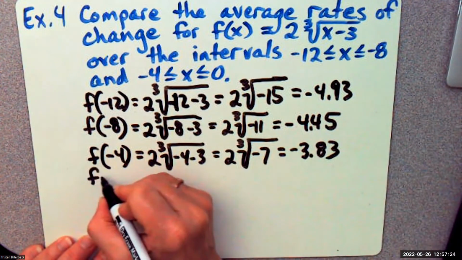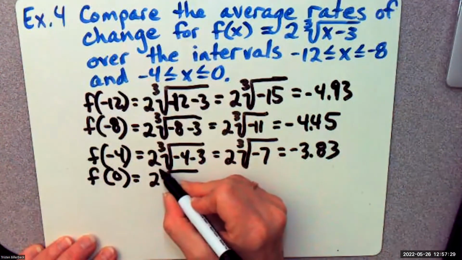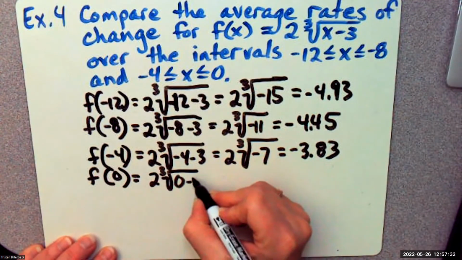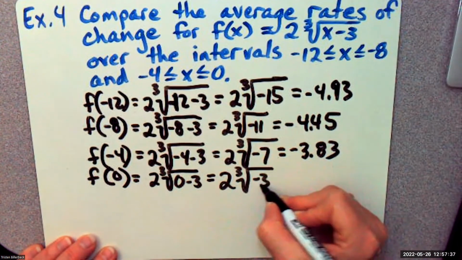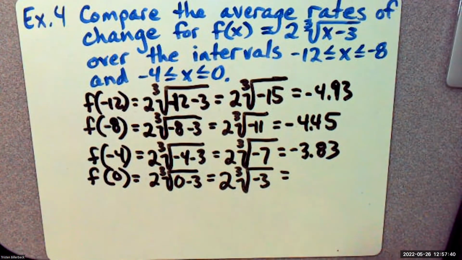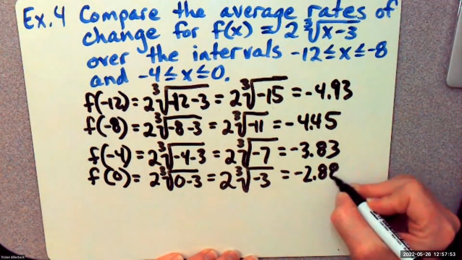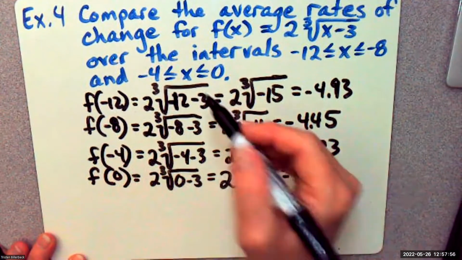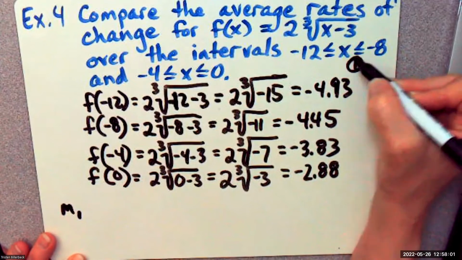And then we have f of 0, which is 2 times the cube root of 0 minus 3, which is 2 times the cube root of negative 3. So that gives us negative 2.88.